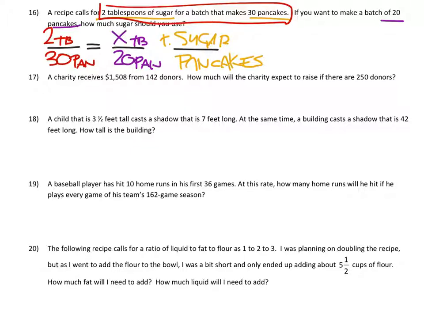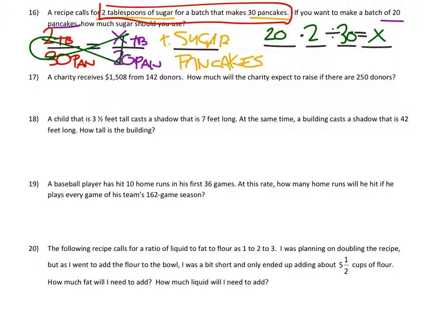So we can use X there again. And that allows us to write fishy method 1, 2, 3, 4. Multiply, divide, equals. And using the fish method, I go down to the 20, cross up to the 2, come down to 30, equals X.